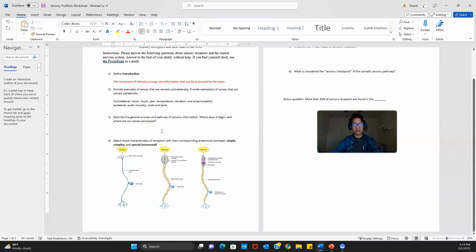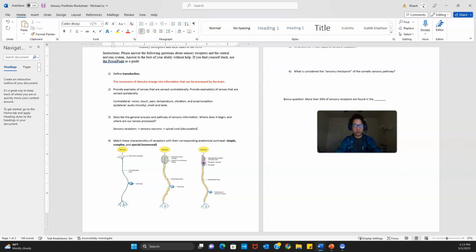Describe the general process and pathway of sensory information. Where does it begin? Where are senses processed? I'm just going to do a generic outline here. Stimuli from the environment go through our sensory receptors. They synapse with sensory neurons and move into the spinal cord.